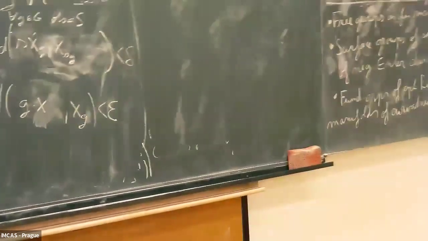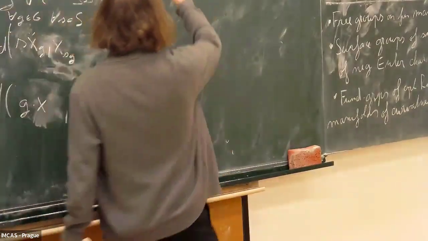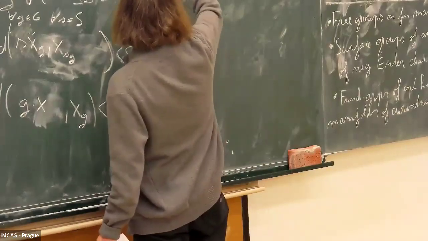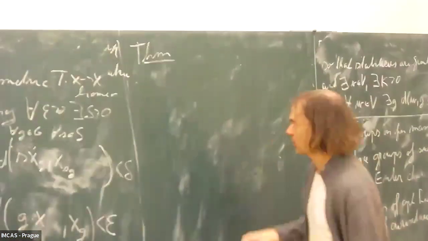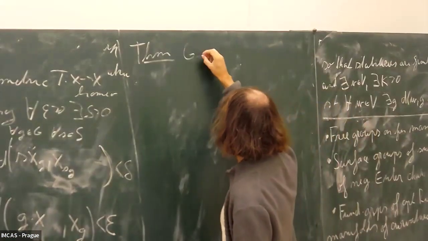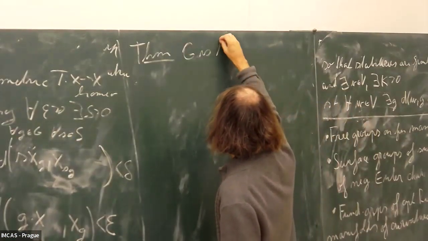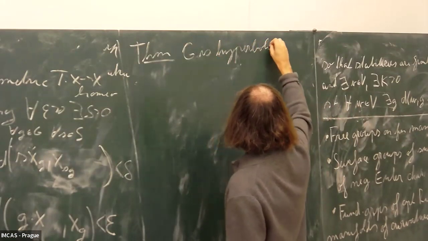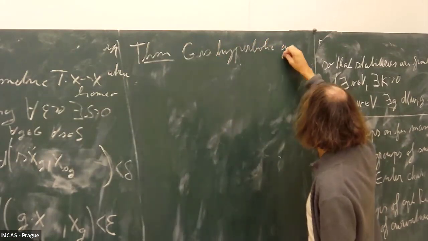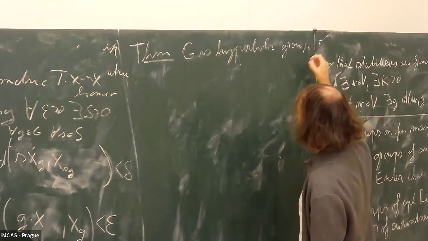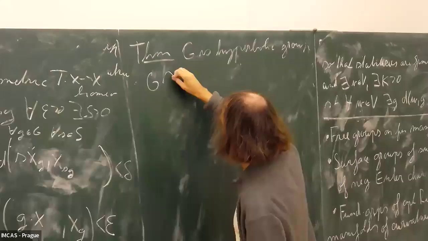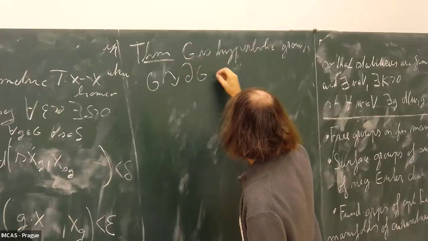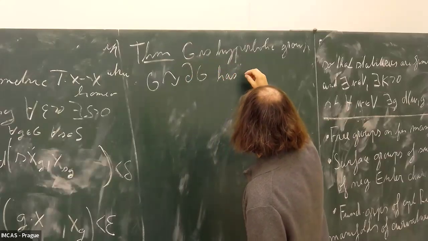So the theorem says that if G is hyperbolic, then this cohomology can be solved as a shadow.